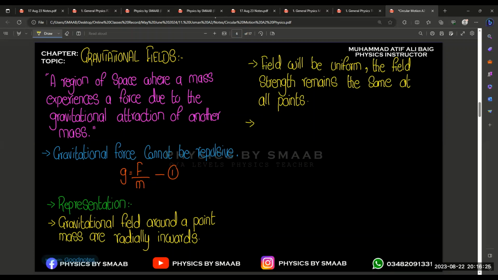No, it's clear. Okay, and one more point, because I'm writing this since they will ask in the theoretical part also to write two points, three points related to gravitational field. So that's why I'm writing.